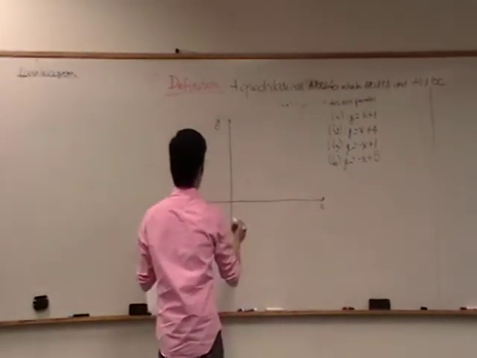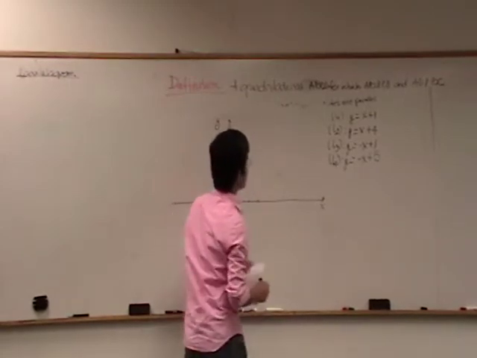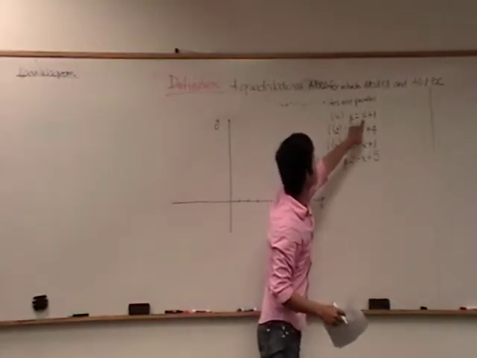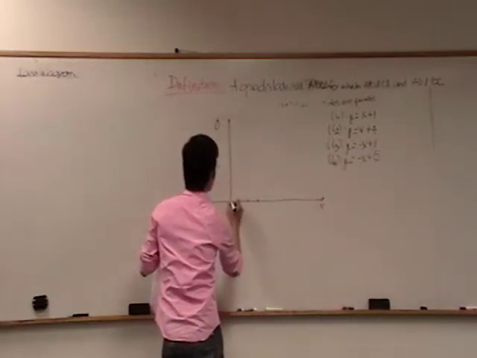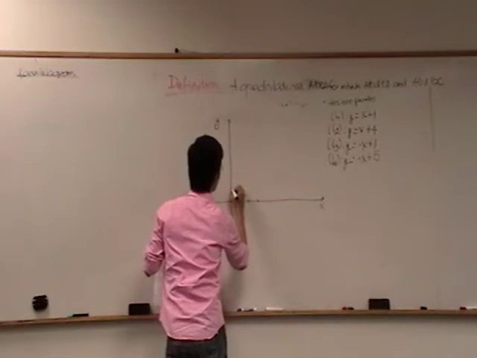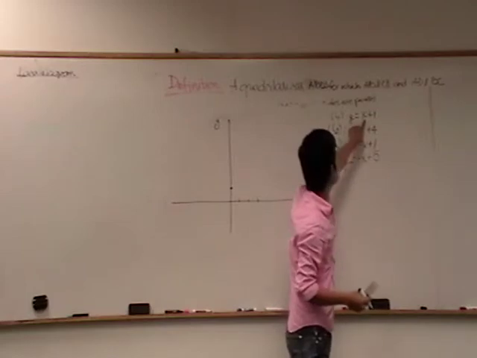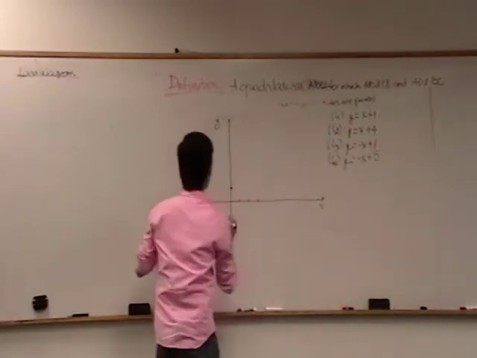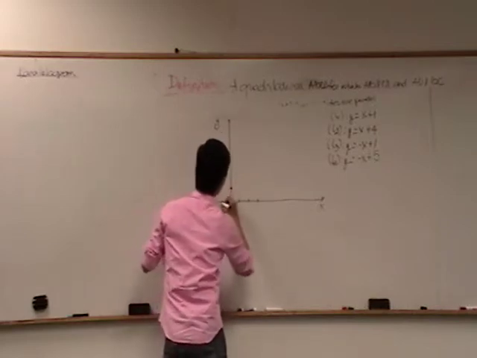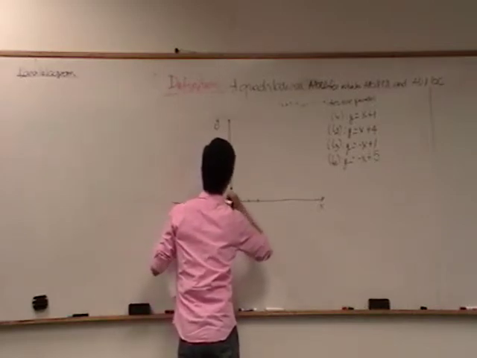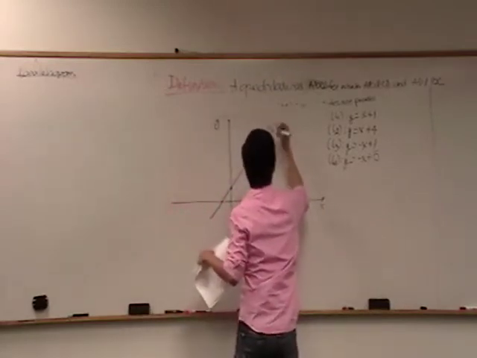First, I have to draw line number 1. From line number 1, if x equals 0, y equals 1, right here, and x equals minus 1, y equals 0, so I have the first line through 2 points, and mark it line number 1.